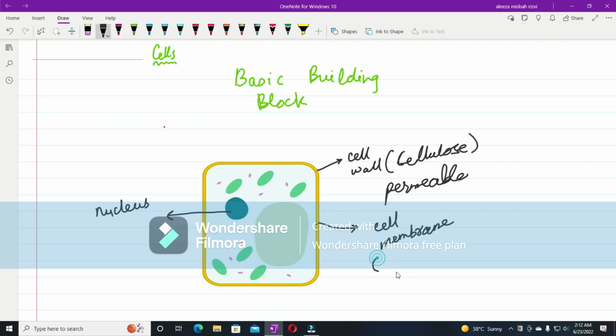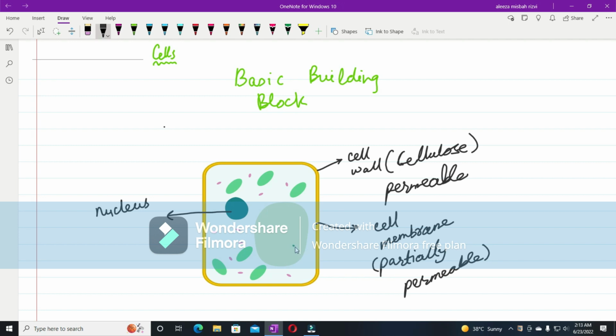This cell membrane is partially permeable, meaning it allows certain substances to pass through it, unlike the cell wall. It is very thin and very difficult to visualize through a microscope, so we just assume it as a thin line. These cell membranes are also found in animal cells as well.